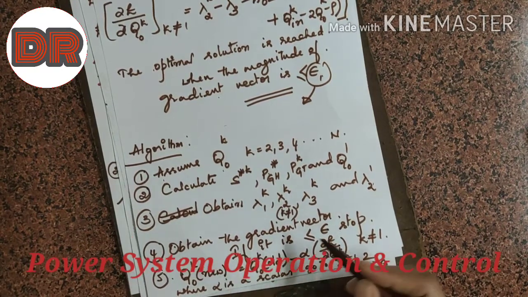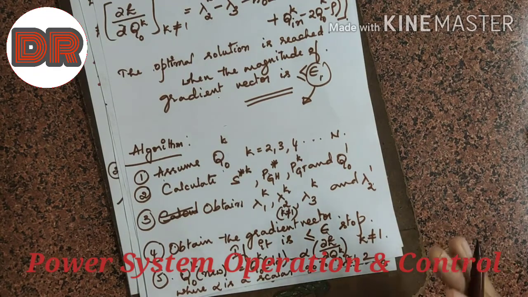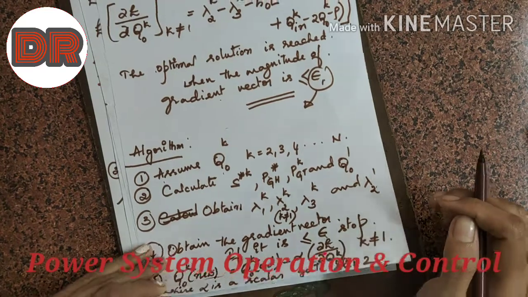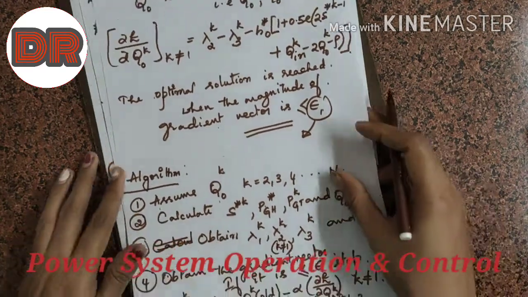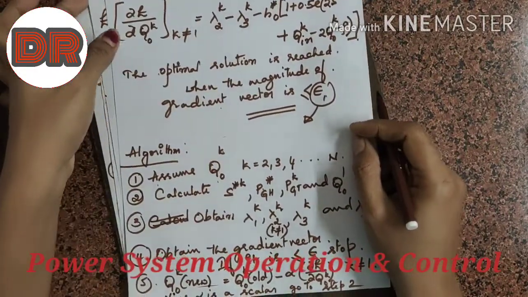Then if the gradient vector is less than or equal to this epsilon value, which is a tolerance, you can stop. If it is not, then you can calculate a new value of Q naught k, which can be given by this equation. So that's it. So this is the algorithm for hydrothermal scheduling using the discrete time interval method.